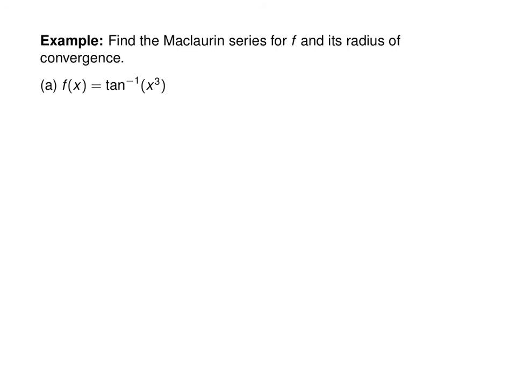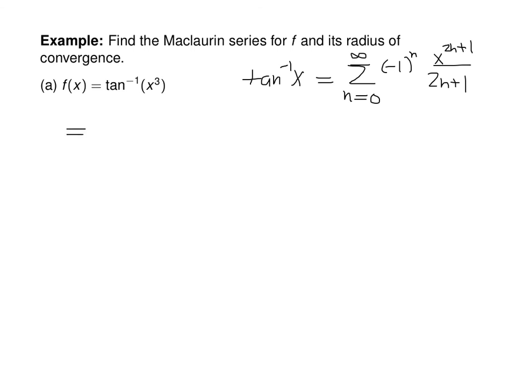So for this, we have to know that inverse tangent is given as a sum from 0 to infinity, negative 1 to the n, x to the 2n plus 1 over 2n plus 1. And I have inverse tangent of x cubed, so I'm going to input x cubed.